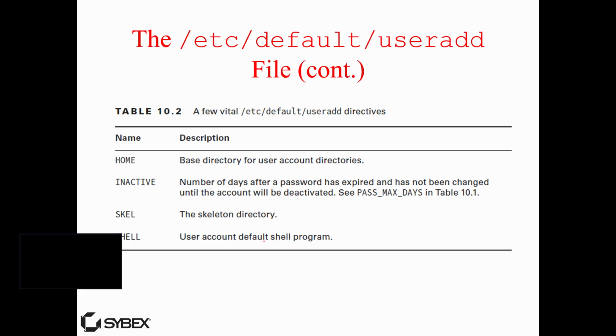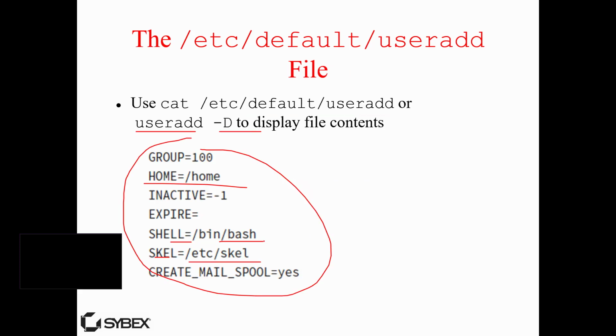And shell is the user account's default shell, which is the terminal shell. When you log on to the terminal, you see the $ sign. That's the shell. And the most popular shell is bash. You see here, /bin/bash. There are quite a few kinds of shell, but the most popular is bash. There may be some Korn shell, C shell.